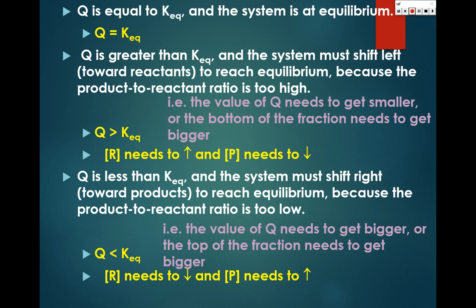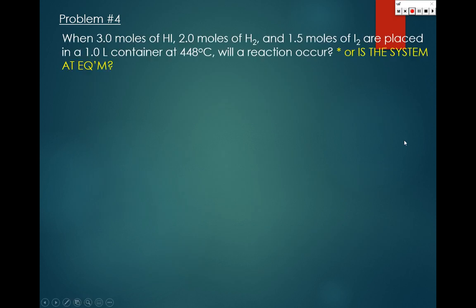Okay. So for the example, which does not take as long, are we going to do ICE? No, no ice. The question will look weird. It says 3 moles of HI, 2 moles of H2, 1.5 moles of I2.